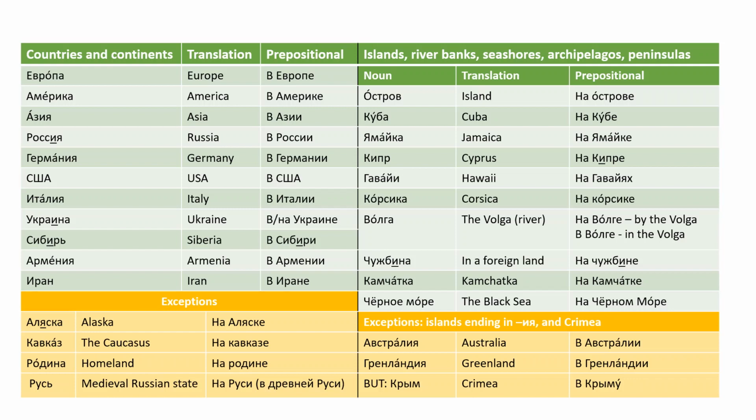Whereas now it's more common to say just Ukraine, which would be like v Ukraine. Then we have some exceptions. For some reason, Alaska is na Alaska. And the Caucasus, probably because it's a mountain range that is singular in Russian, takes na, so na Kavkaze, and we'll see that in the next slide as well.